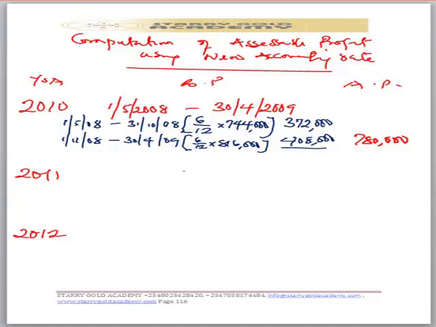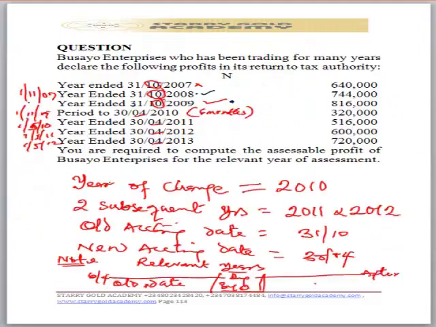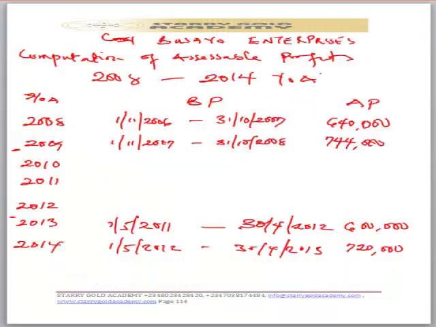In 2011, the basis period will be 34/2010, and this must have commenced by 1/5/2009. So we'll now look for where we can get May 2009. The month of May 2009 would be here, which we have just prorated. So 6 out of 816.